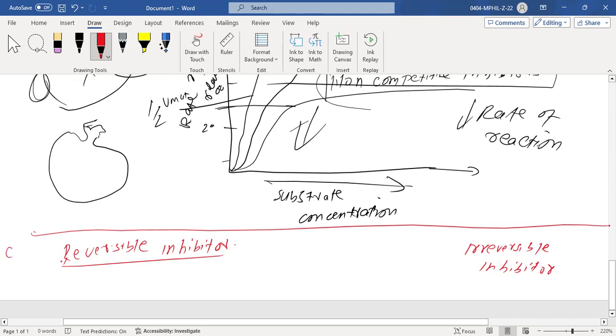I can add here competitive reversible inhibitor. And you can also divide it into non-competitive reversible inhibitor. So here you have a reversible inhibitor. You can add here non-competitive.